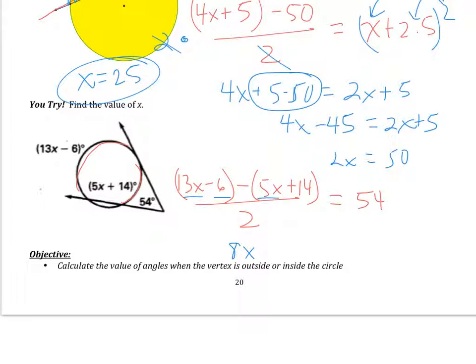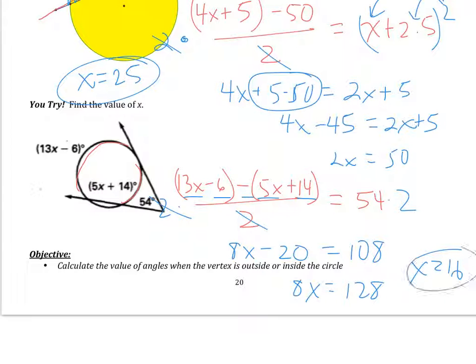Negative 6 minus 14 is negative 20. If you had positive 8 there, that's why you're getting 12.5. And then when I go to multiply the 2 to the other side to cancel it out, I get a 108. Add the 20 over, divide by 8, and x should equal a 16. Okay? So it's just a little bit of review of algebra. All right?